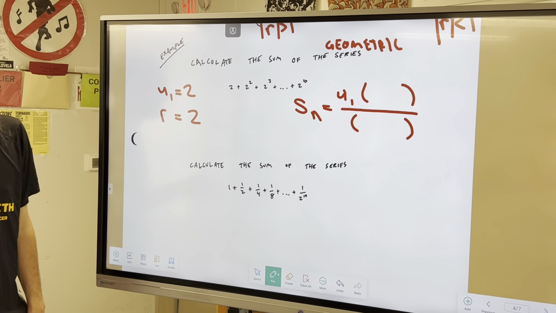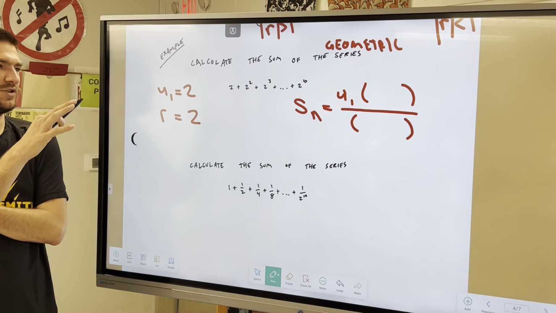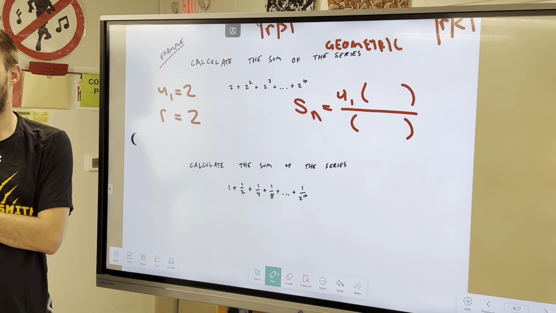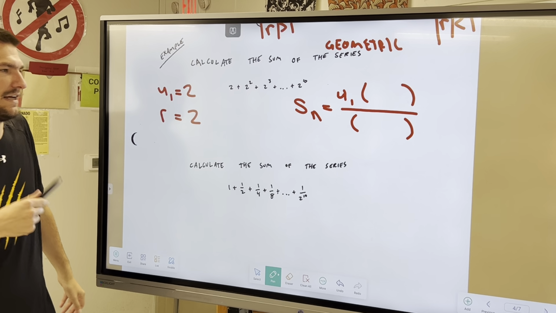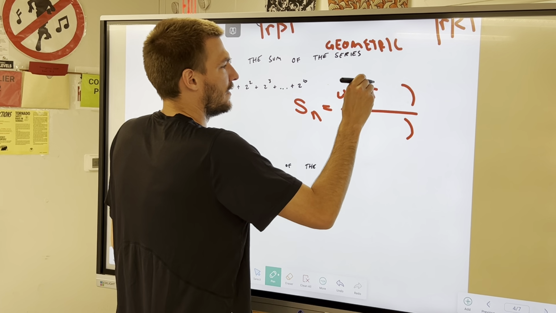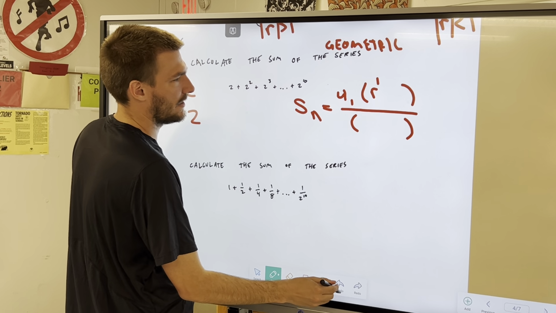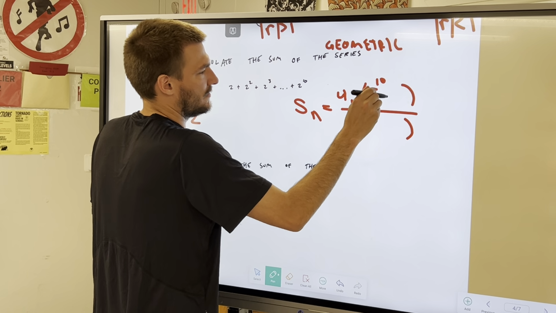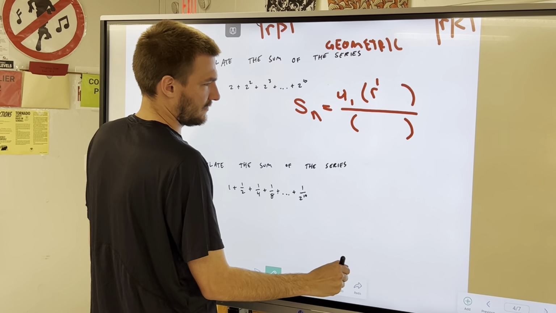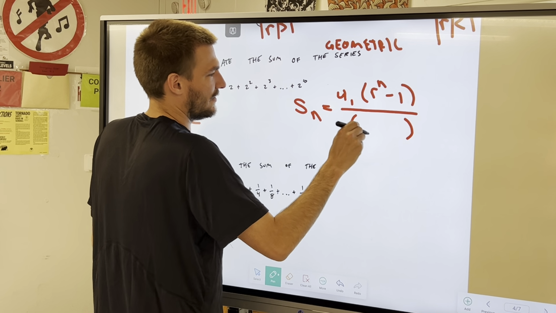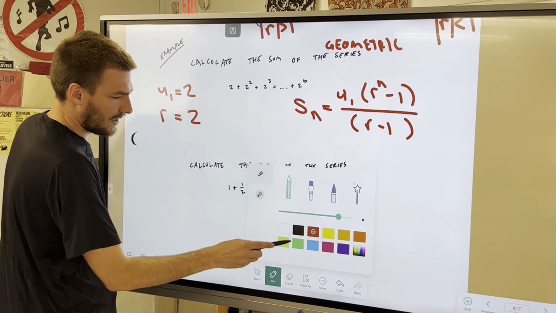What n are we going to choose for this question? What term is 2 to the power 10? It's the 10th term, right? So that's not too bad. R to the power n minus 1.